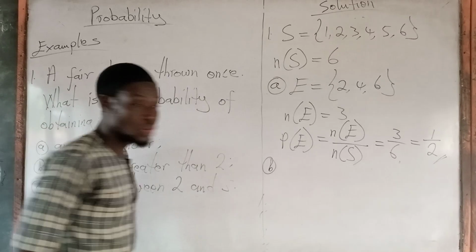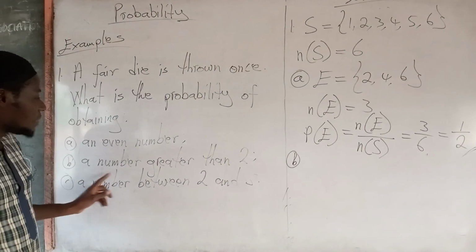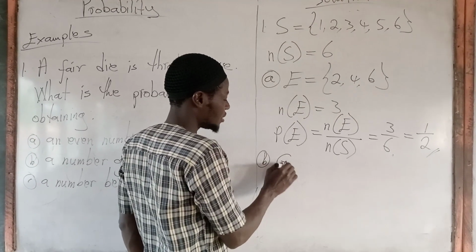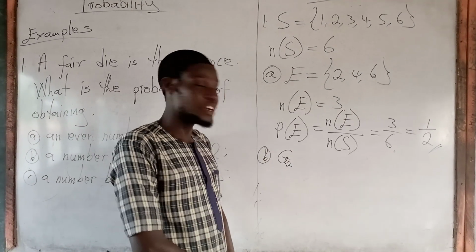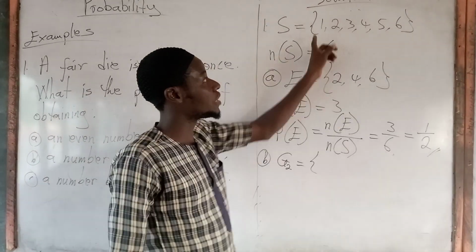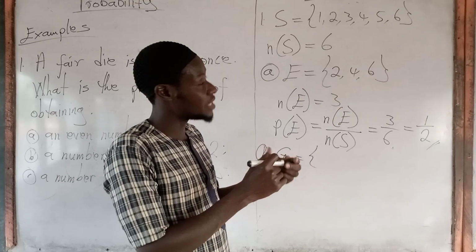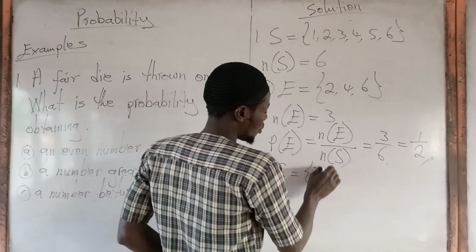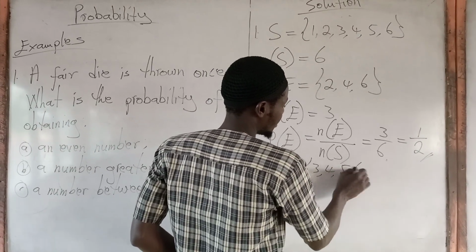B. So we come to B, a number greater than 2. Let's represent this with G2 for numbers greater than 2. Let's get the set of numbers greater than 2 from the sample space. The set of numbers greater than 2 will start from 3. So we have 3, 4, 5, and 6.